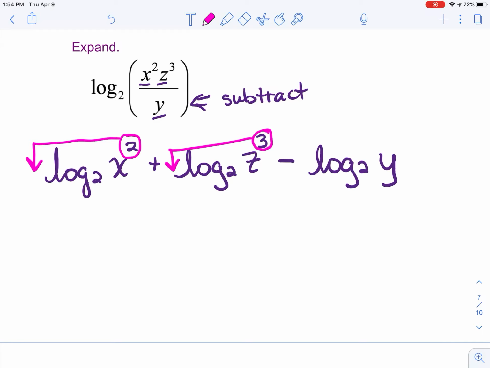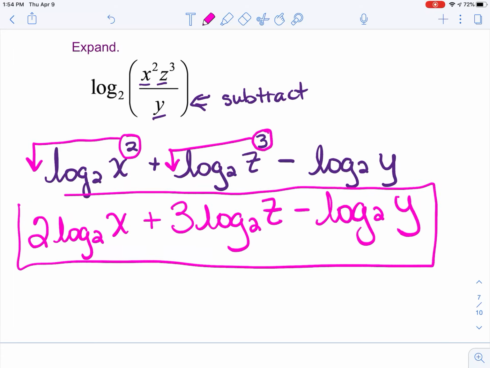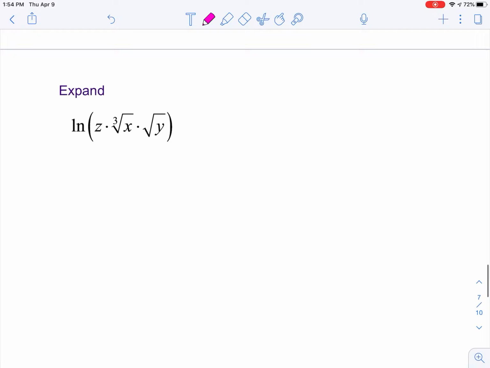So my answer in the end is going to be 2 log base 2 of x plus 3 log base 2 of z minus y did not have an exponent except for 1, so we're just going to write it exactly as we see it, log base 2 of y. And we just expanded that into 3 logarithms. Not too bad. Let's try another.